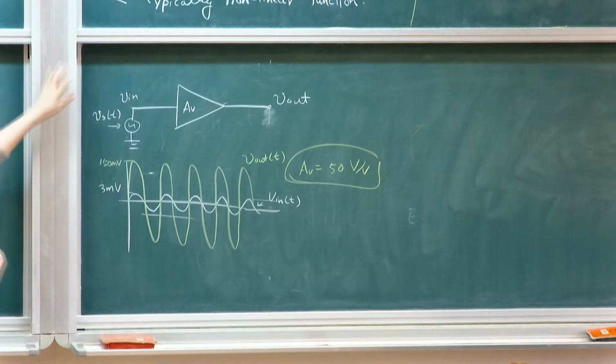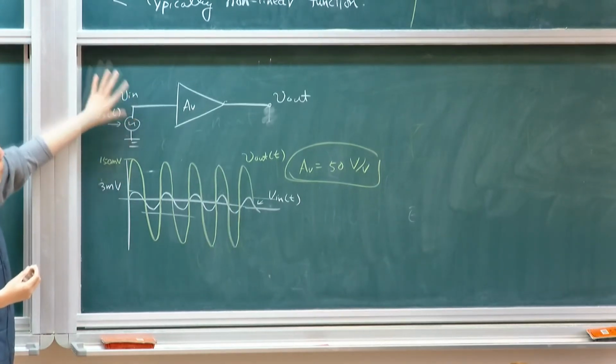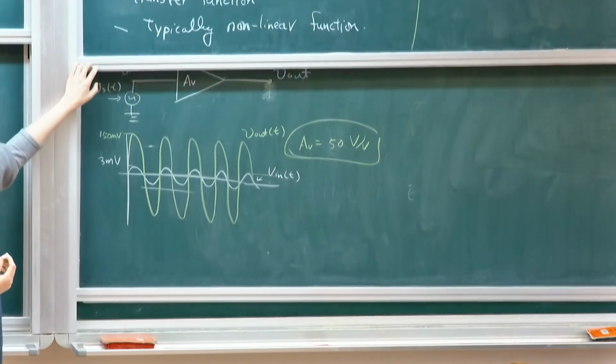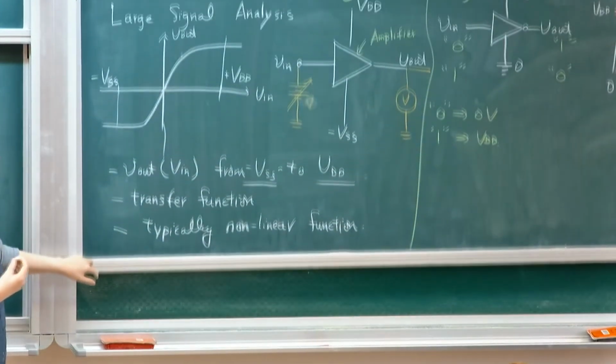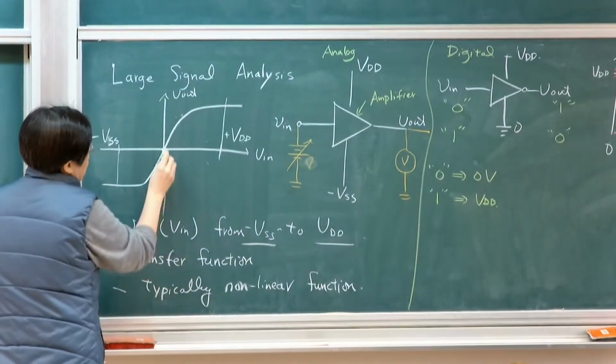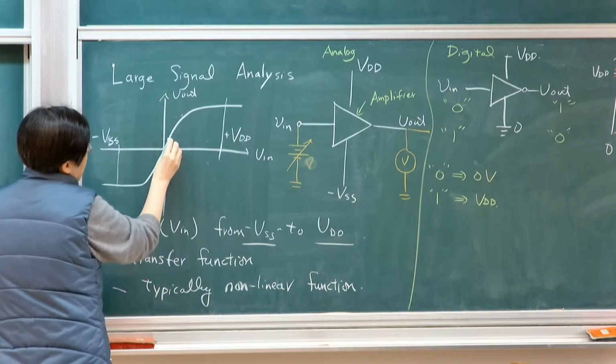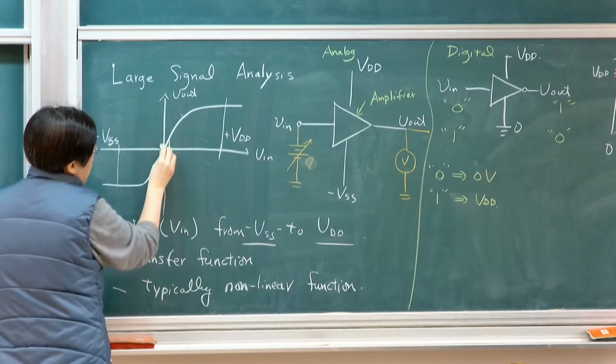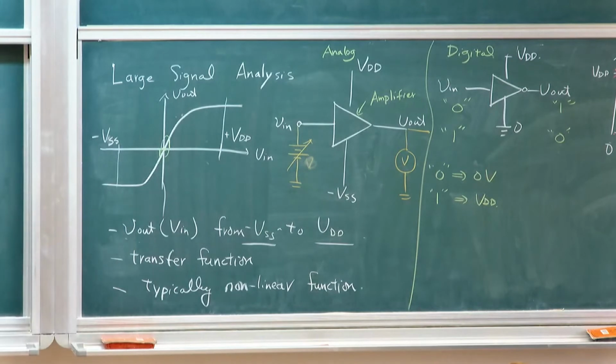So when I want to analyze this, if I'm looking back to my transfer function, what actually happened is that your input is in a very small range. For example, at the center, and it's only changing in a very small range.